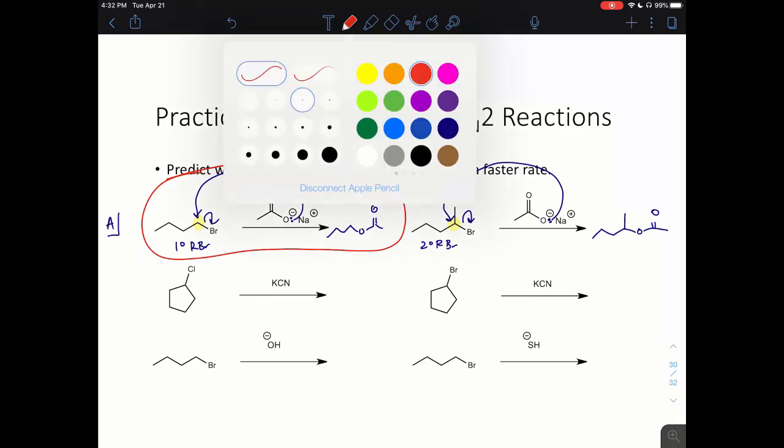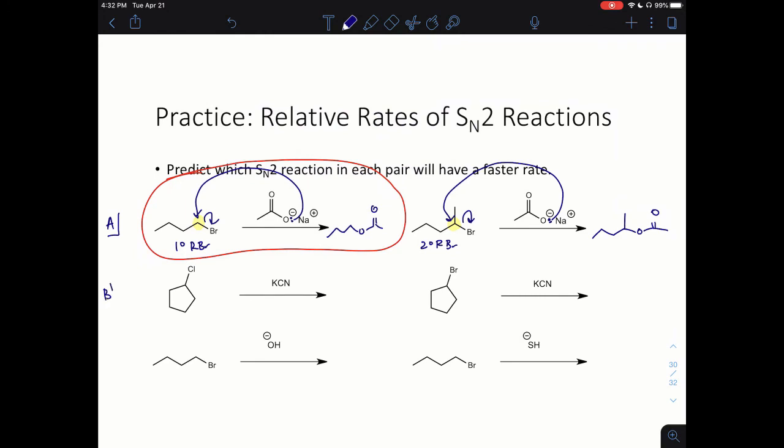All right, reaction pair B. So we have secondary alkyl chloride with potassium cyanide versus a secondary alkyl bromide with potassium cyanide. And you can see in the first example, I didn't even write the leaving groups. I didn't care. I'm just so fixated on carbon, right?